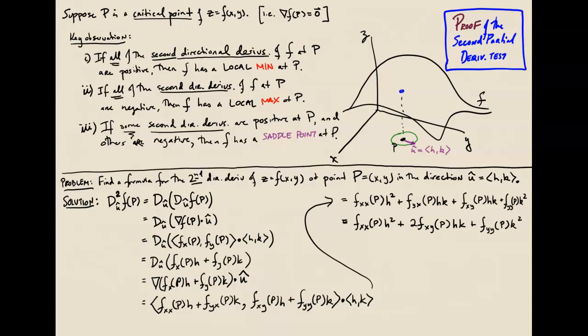What I have shown is that this second directional derivative of f at p in the direction of u can be computed in terms of the second order partial derivatives of f at p. I'd have to compute the pure second partials, evaluate them, and the mixed second partials, and then just stitch them together along with h and k, where h and k, we remember, are just the components of the unit vector in which we're taking that directional derivative.